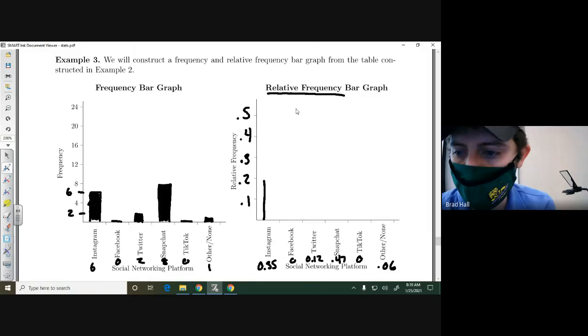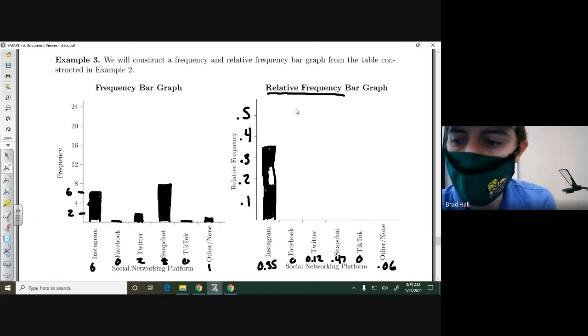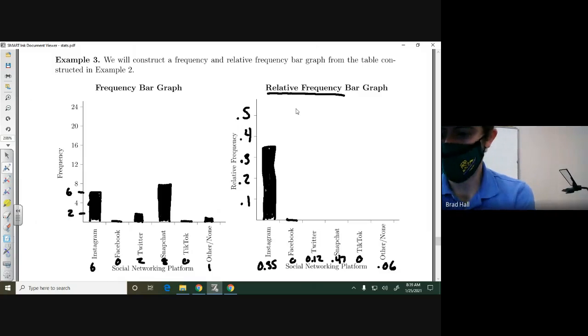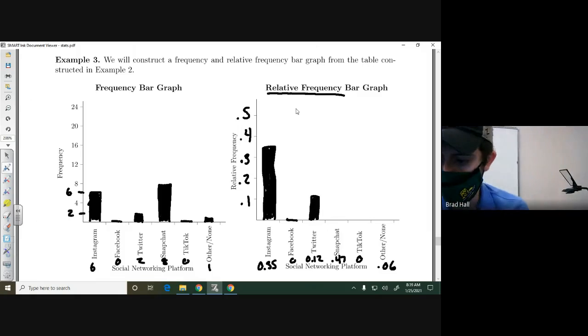So 0.35 will be right in the middle here. And fill this in. Facebook 0, so no bar. Twitter is 0.12, so a little bit more than 0.1. I'll say right about here. 0.47, this one's going to be much larger than the rest, almost at 0.5.